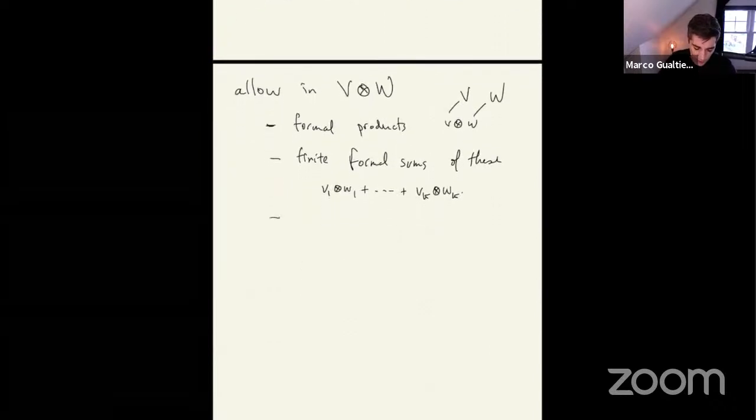And we allow formal scalar multiples: lambda 1 V1 tensor W1 plus ... lambda K VK tensor WK.